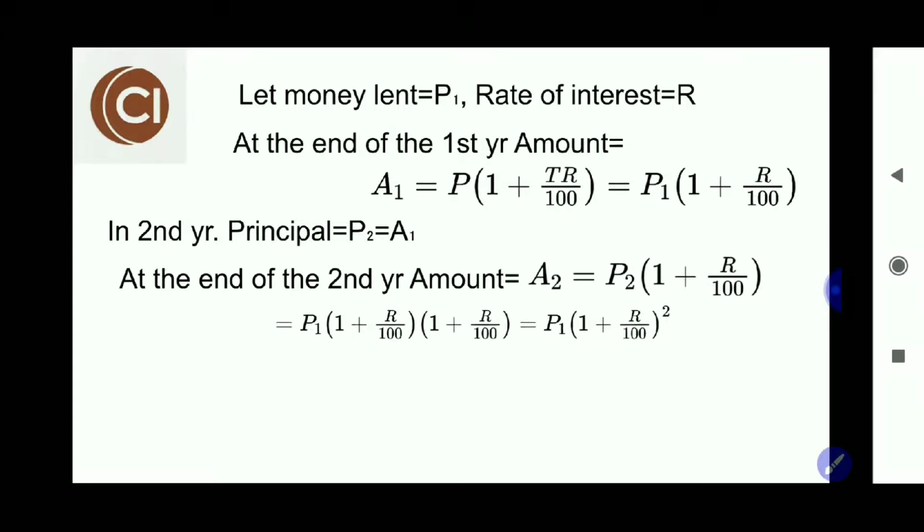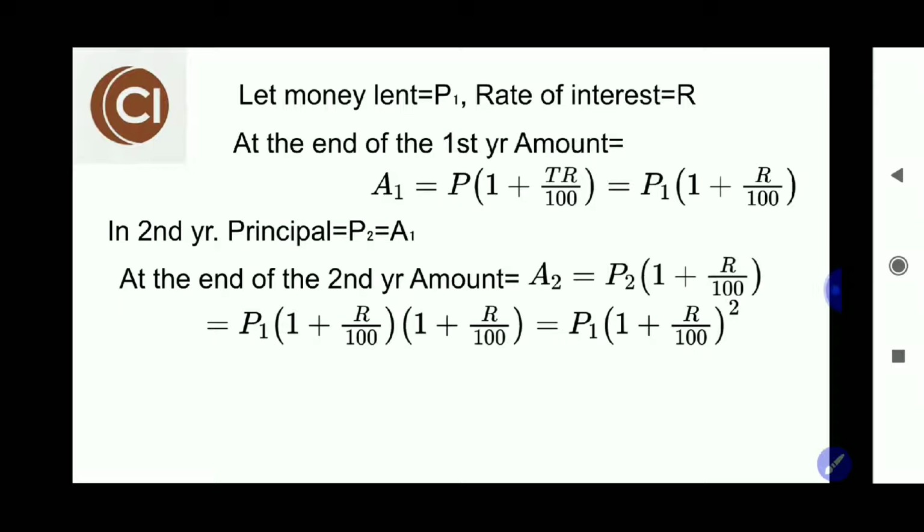But P2 is P1(1 + R/100), and this is multiplied by (1 + R/100). So its answer is P1(1 + R/100) whole squared. Observe carefully: A2 = P1(1 + R/100)².